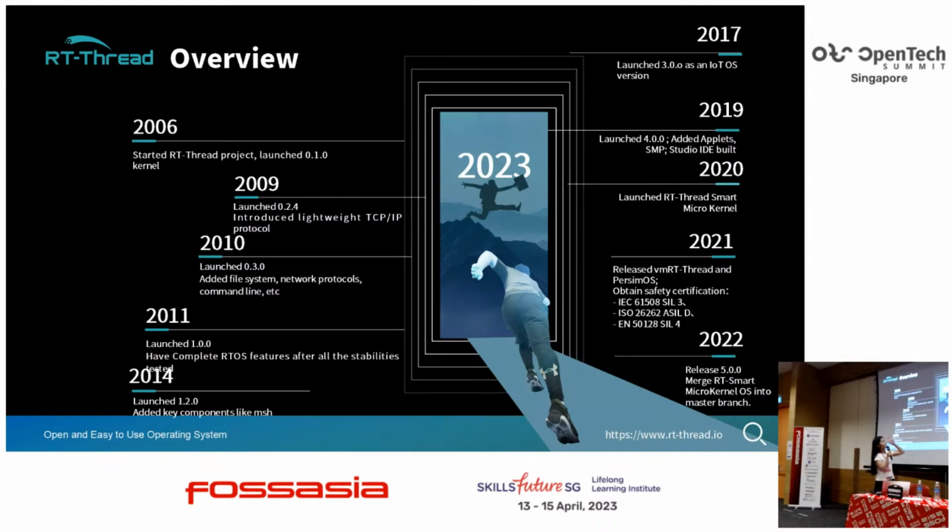There are some milestones I'd like to highlight about the Artifra project. By 2017, we released the Artifra IoT OS, its Internet of Things operating system. And by 2020, we had the Artifra Smart microkernel operating system. It's all open source for community developers.